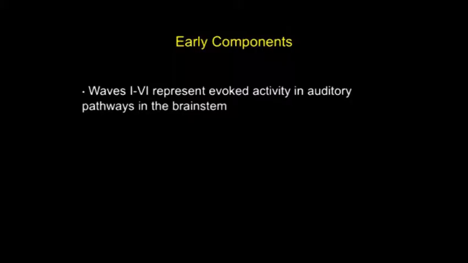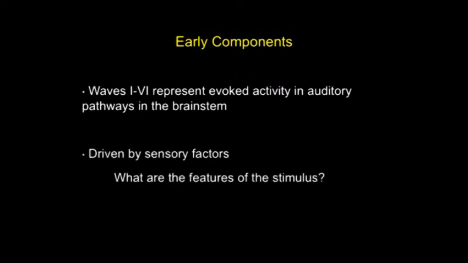We have very early components in the signal that occur, let's say, less than 50 milliseconds after the onset of a stimulus. And these very early components represent evoked activity in auditory pathways in the brainstem. They are purely driven by sensory factors, and they respond to the external features of a stimulus.